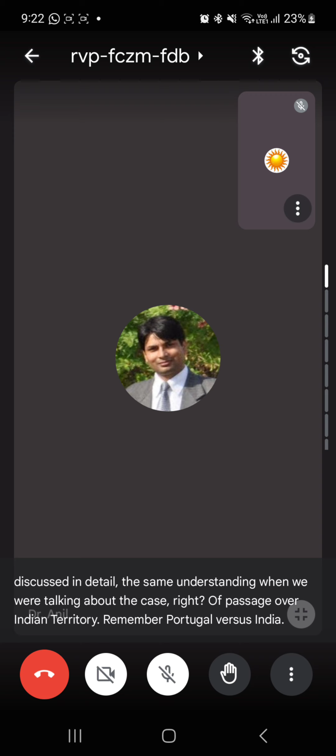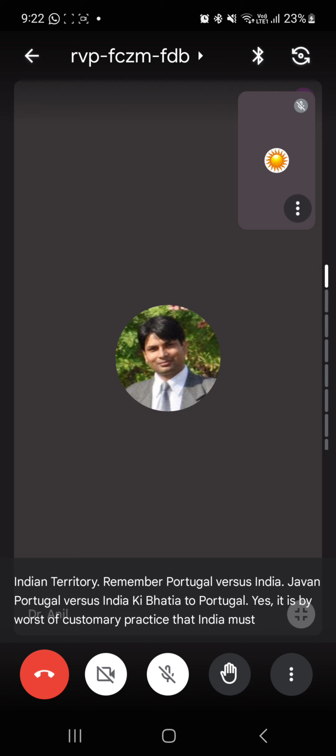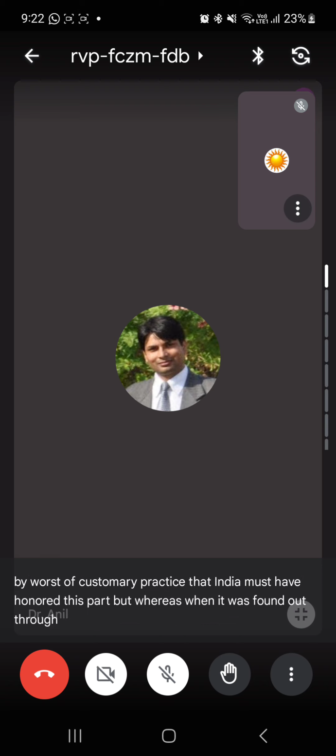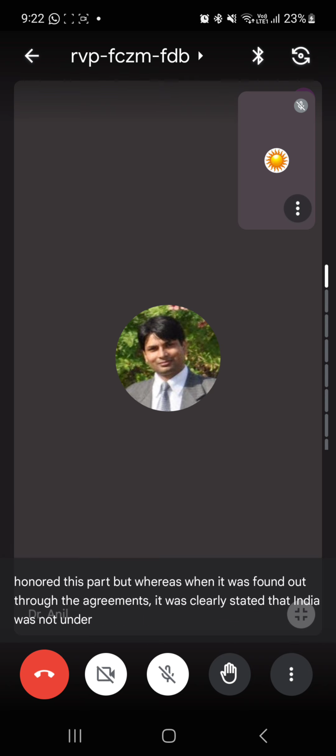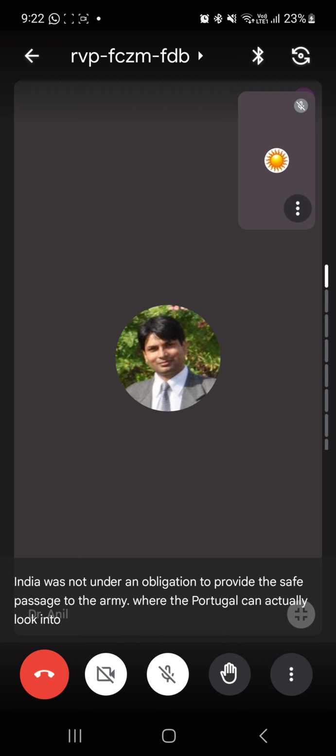Portugal's only contention was that it is by virtue of customary practice that India must have honored this right. But when it was found through the agreements, it was clearly stated that India was not under an obligation to provide safe passage to the army, by which Portugal could look into peace and harmony in the cases of Daman and Diu. Right?